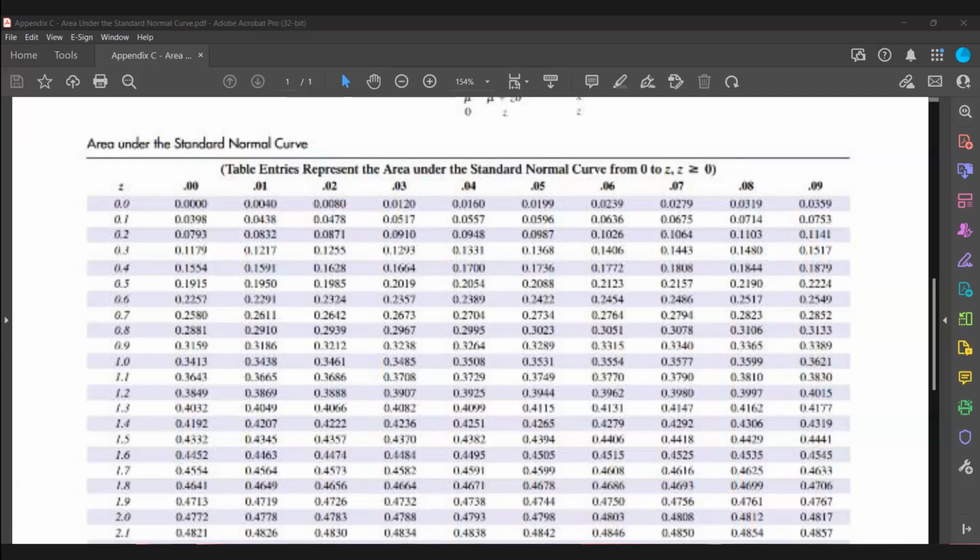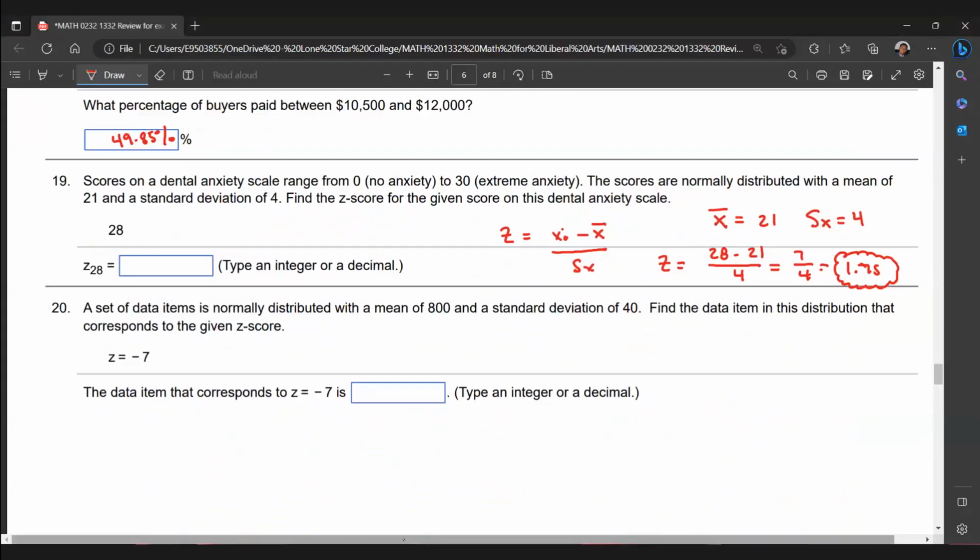Okay. So the answer that we want to write here is 0.4599. Again, that table should be available to you on your exam.